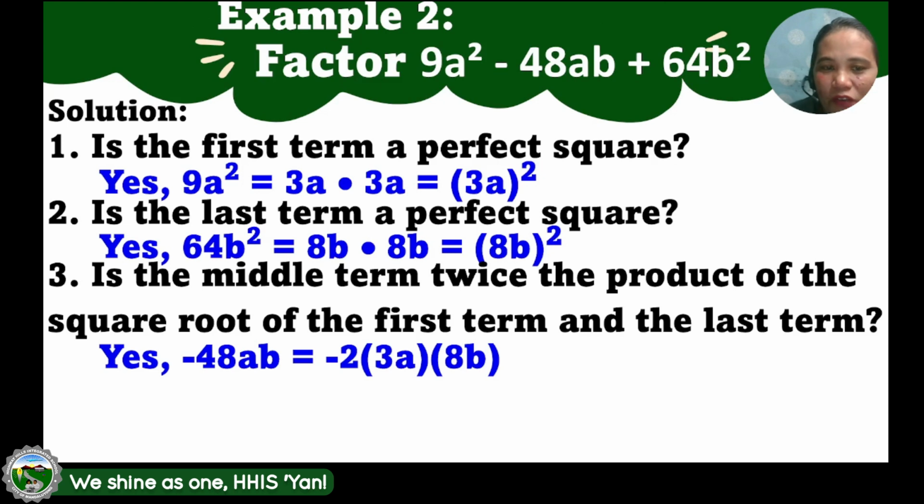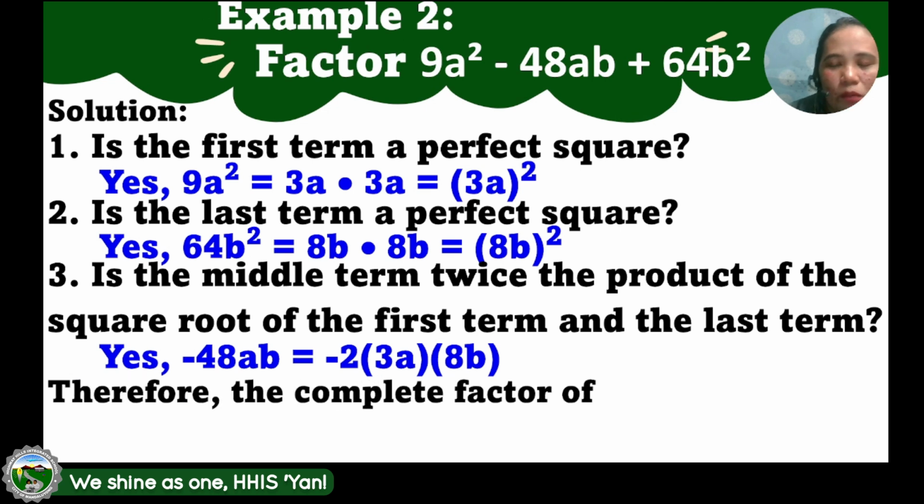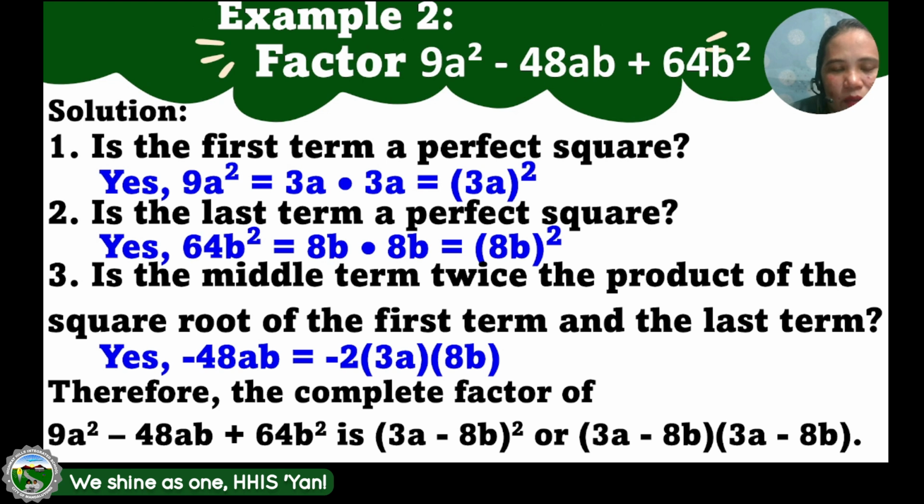Yes, because negative 48ab is equal to negative 2 times the square roots of 9a squared and 64b squared, which is 3a times 8b. So therefore, the complete factor of 9a squared minus 48ab plus 64b squared is the square of 3a minus 8b, or the quantity 3a minus 8b times the quantity 3a minus 8b.